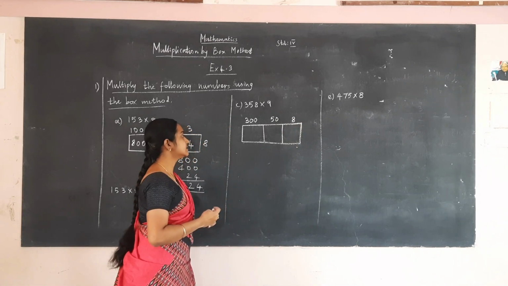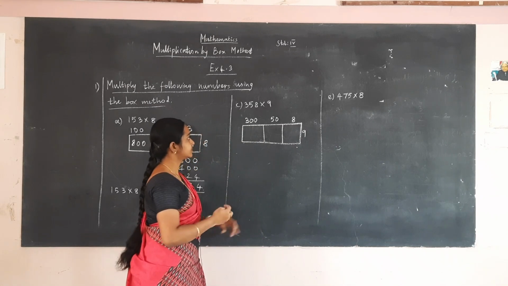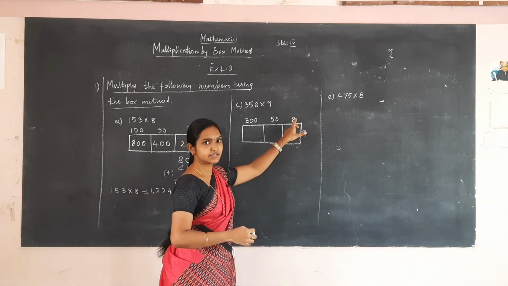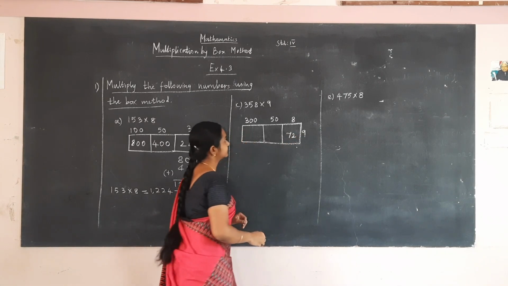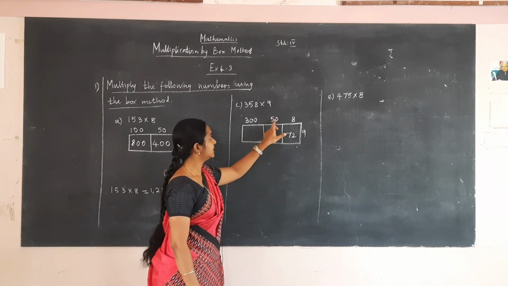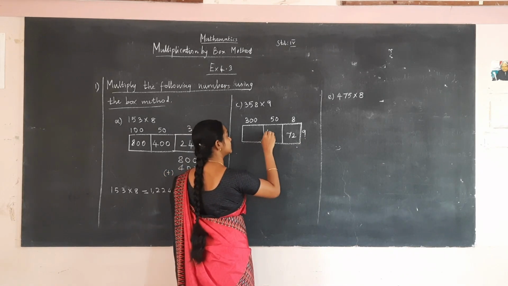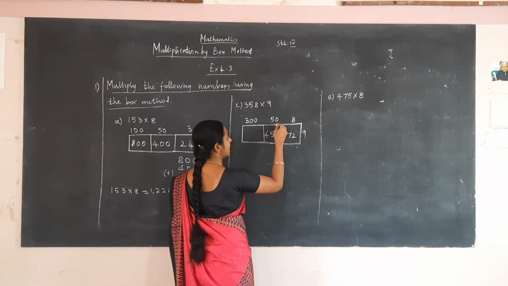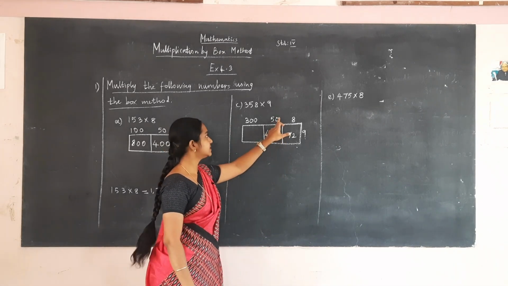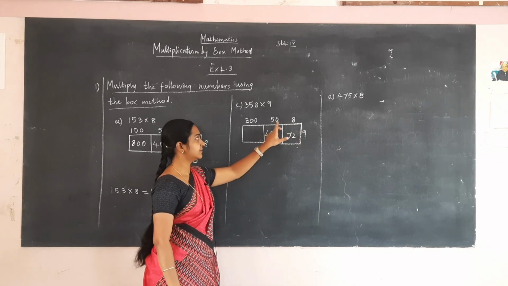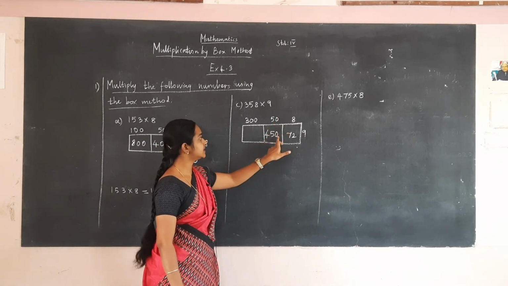We have to write 9 near to the first box. 9 8s are 72. So write 72 in the first box. 9 5s are 45. So write 45 in the second box and add 0 because we have left the 0 while multiplying 9 and 5.